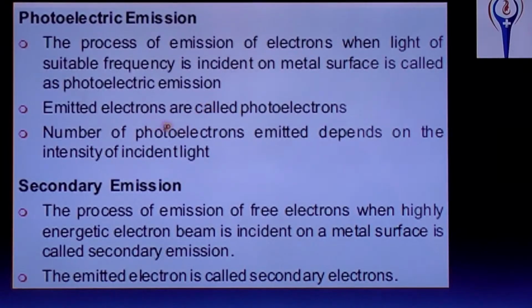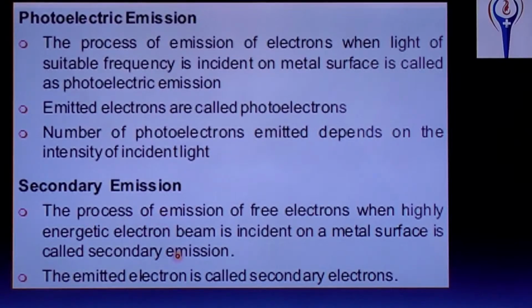The emitted electrons are called photoelectrons, and the number of photoelectrons, or photoelectric current, depends on the intensity of the incident light.